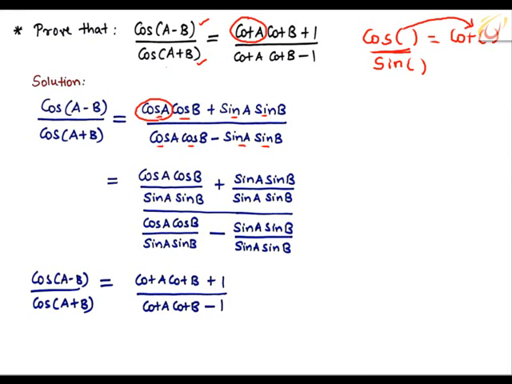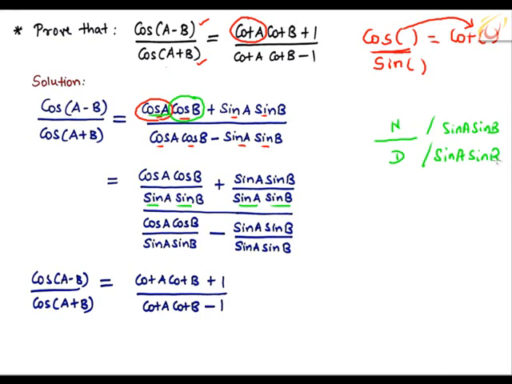So this cos A has to be divided by sine A. Similarly, this cos B has to be divided by sine B. So what do we do? We divide the numerator and the denominator both by sine A multiplied by sine B. So it is dividing both numerator and denominator.